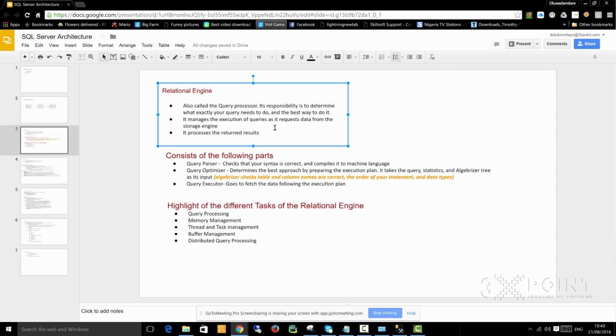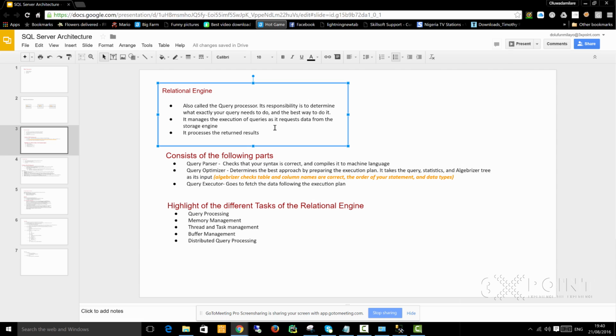Because there are queries that are data analysis inclined, some that are database administration inclined, and some that are development inclined. So you can imagine if you write a query that has to do with creating a login, the relational engine understands that you're not trying to pull data from a table.